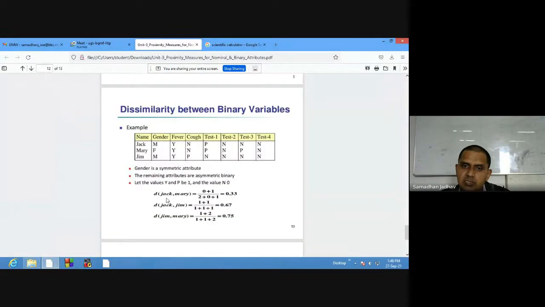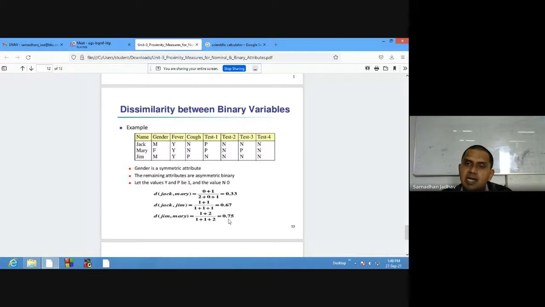That means Jack and Mary are 67% similar. If dissimilarity between Jack and Jim is 67%, then similarity will be 33%. And Jim and Mary are 75% dissimilar, so they are 25% similar, right?